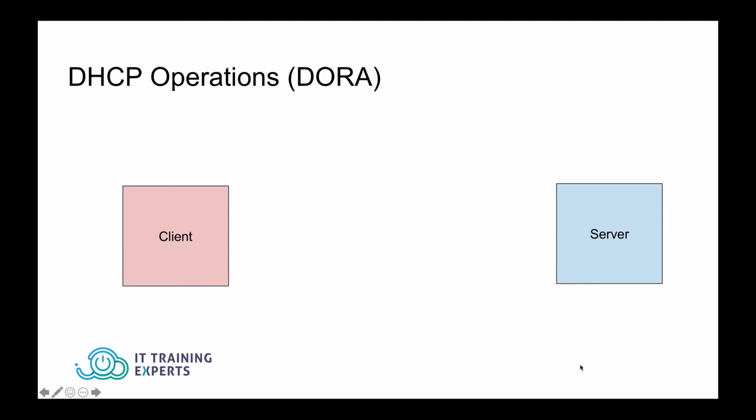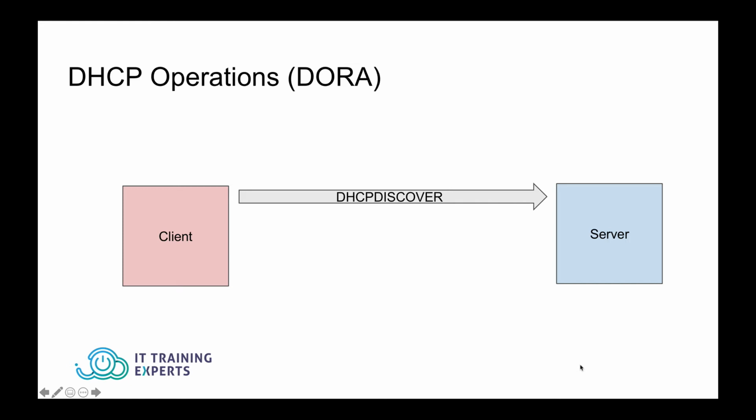It could be Windows or Linux or Mac OS, any operating system. The first thing it does, if it doesn't have a static network configuration, is what we call a DHCP discover. The DHCP discover is essentially a broadcast on that subnet. It's essentially the client saying, hey, is a DHCP server out there? I need an IP address.